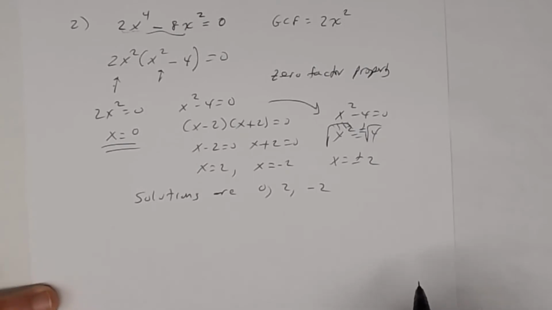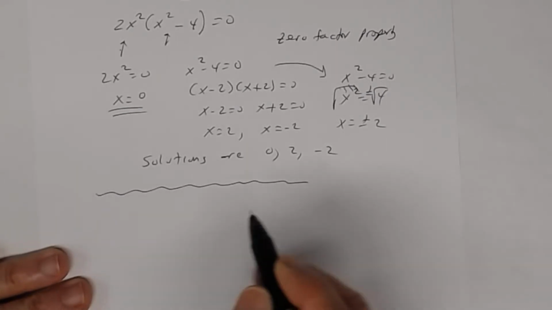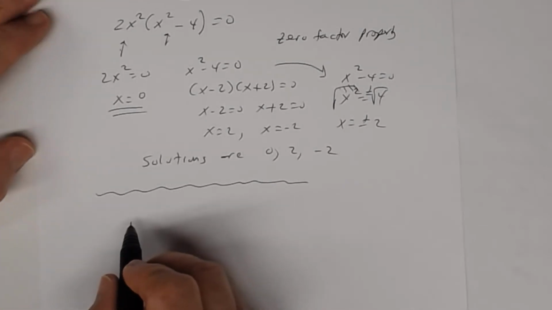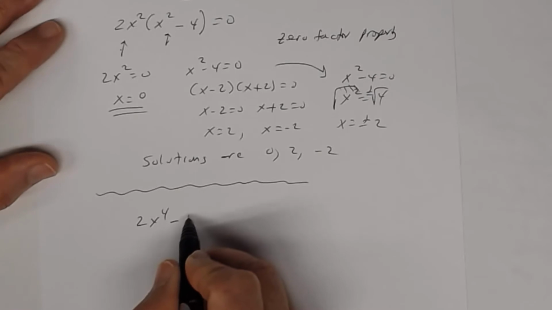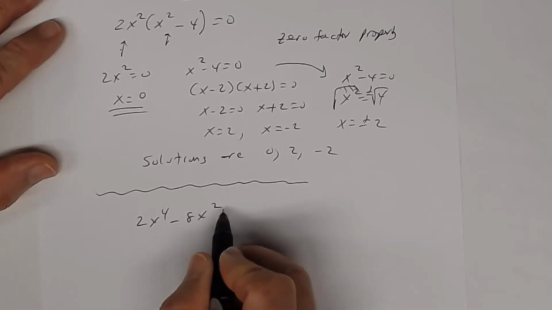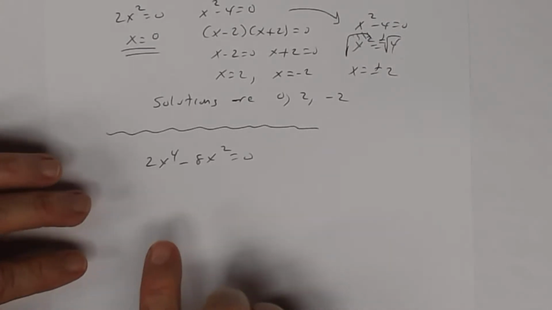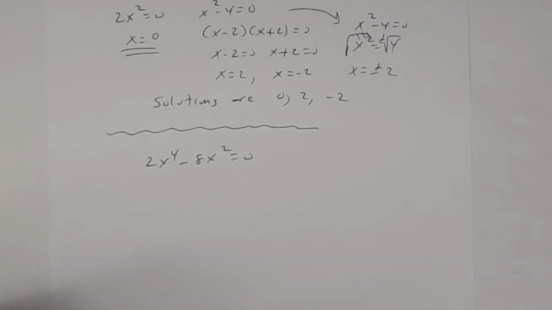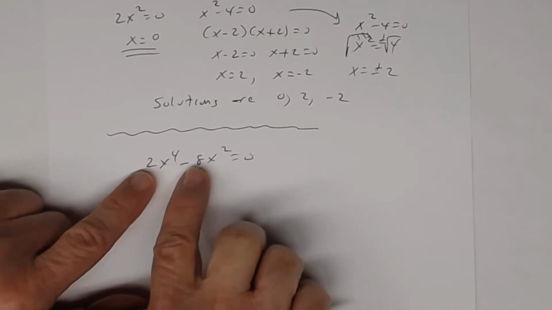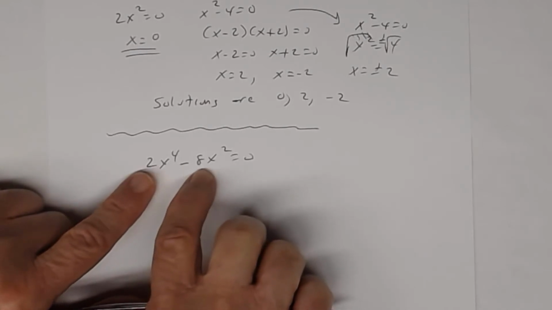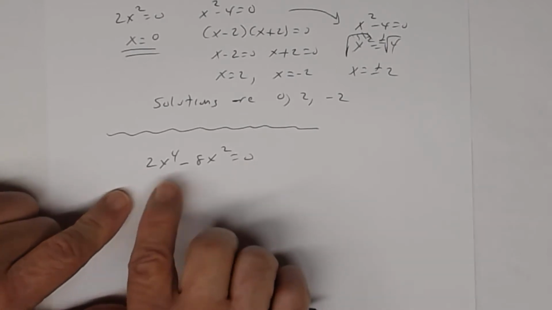All right, and that's all you're doing. Now, I want to say this, just to be clear. Let's go back to that same problem, 2x to the fourth minus 8x squared equals 0. Now this is where sometimes students get themselves into trouble. They see a 2 here, and they see the fact that it is divisible by 2 and also 0 is divisible by 2, and that's true.